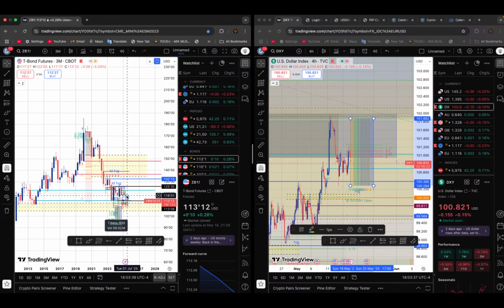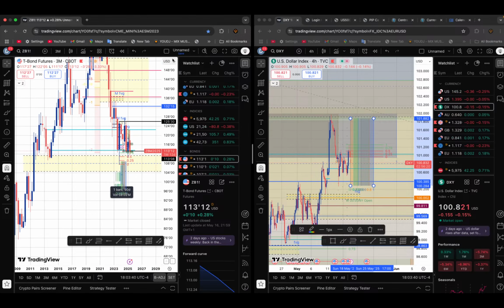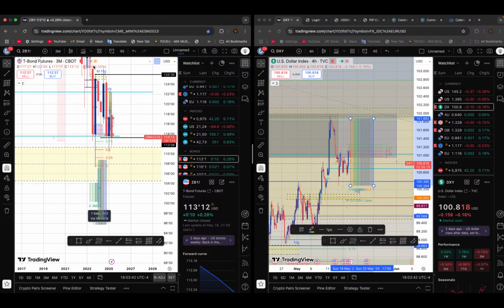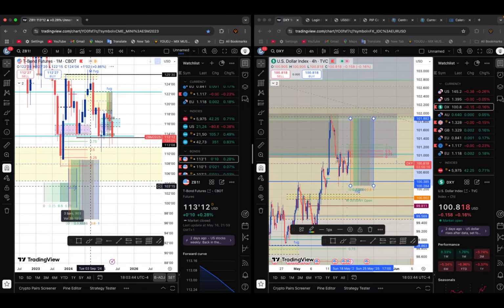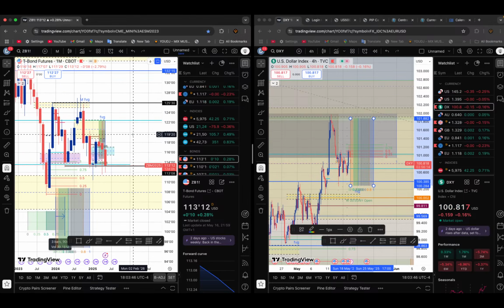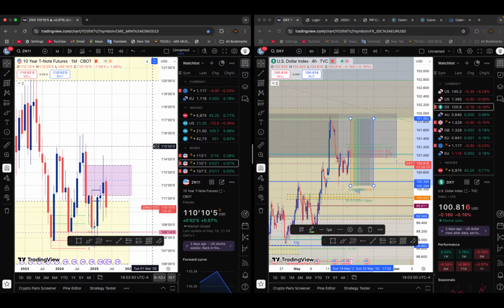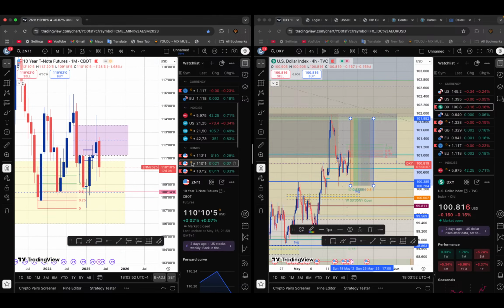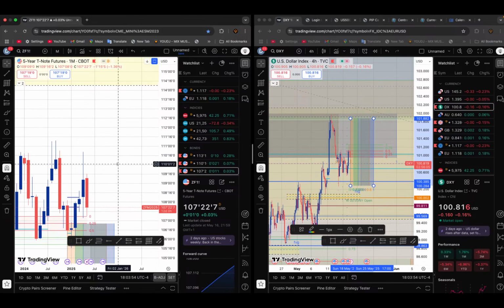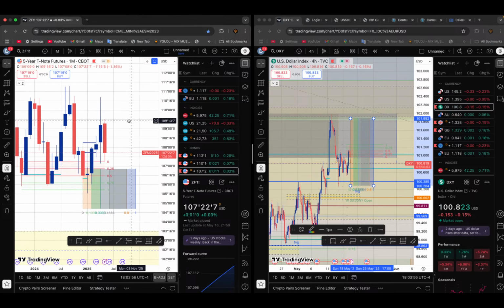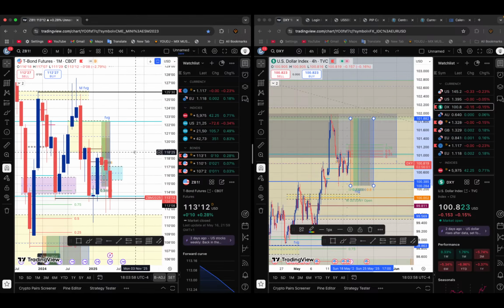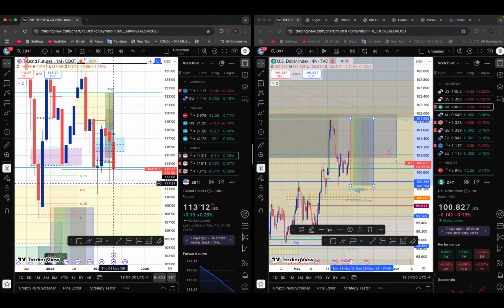Bonds, let's look at a bit of bonds. This is interesting. We've been talking about bonds for a while, and our predictions are fairly accurate for the month. We did predict that this can go up into there or potentially take out this low.